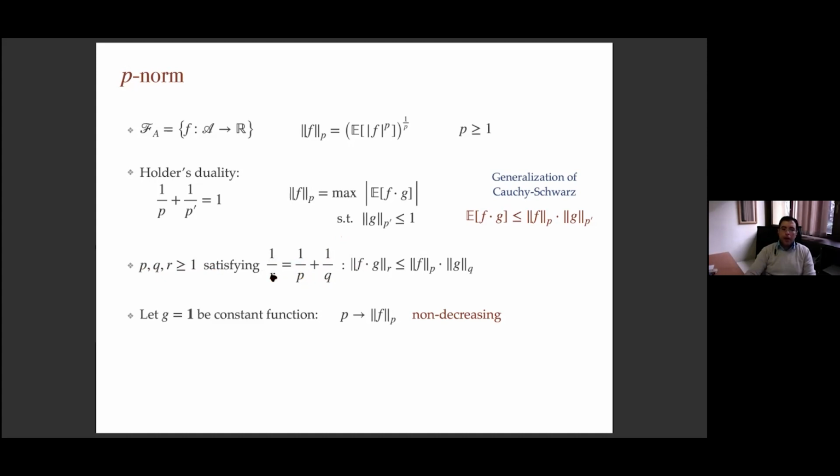So for this special case where g is a constant function, the r norm of f is less than the p norm of f, which essentially means that the map from p to the p norm of f, for any function f, is non-decreasing. As I increase p, I get larger and larger numbers.